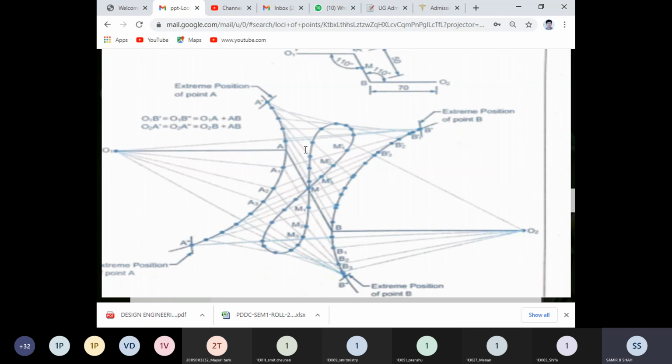Join all the midpoints and you create a very good smooth curve, which passes through the midpoints of all the A dash B dash, AB, and A double dash B double dash. So this is the third case, a very important case, when both the cranks oscillate in the forward chain mechanism.